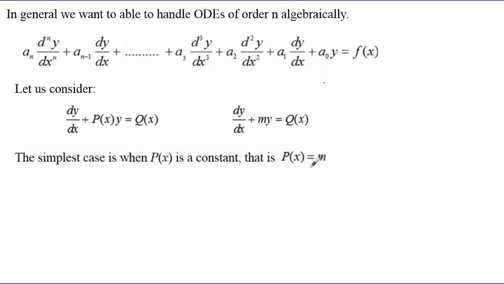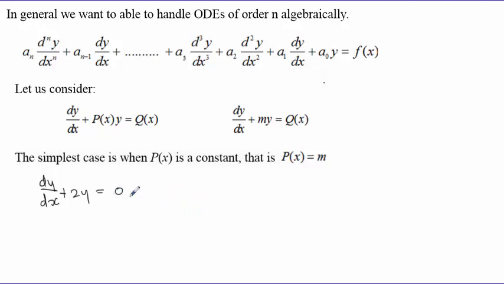So let's take an example. Let's say we're given a simple linear equation like dy/dx plus 2y equals 0. In this case, we set q equal to 0 to get this homogeneous equation. What I said is that we want to first look at the linear method and then see whether we can get an algebraic method of solving it without really involving the integration factor.